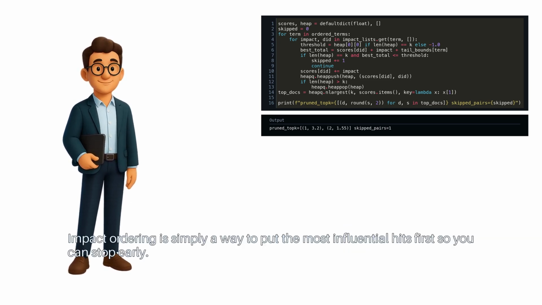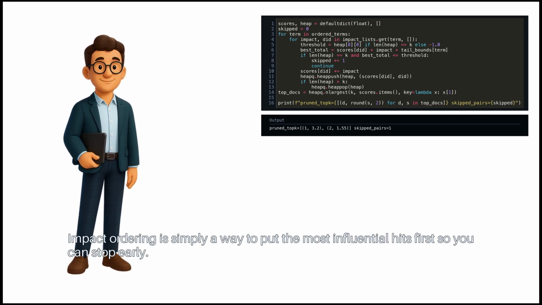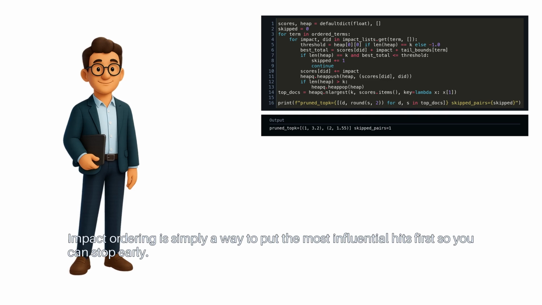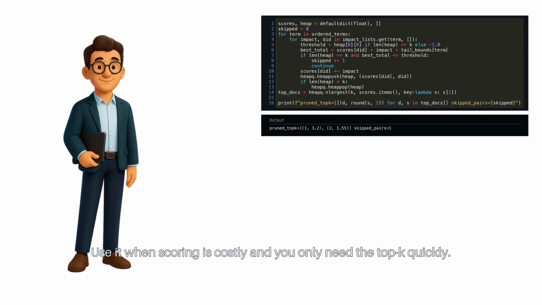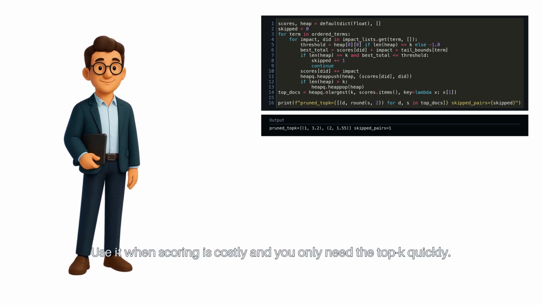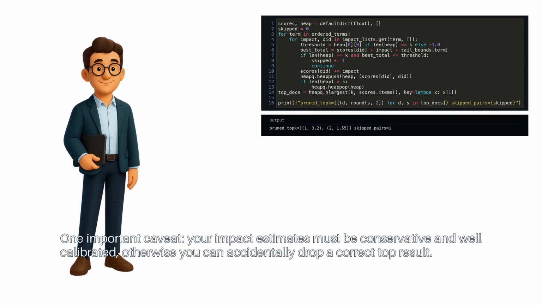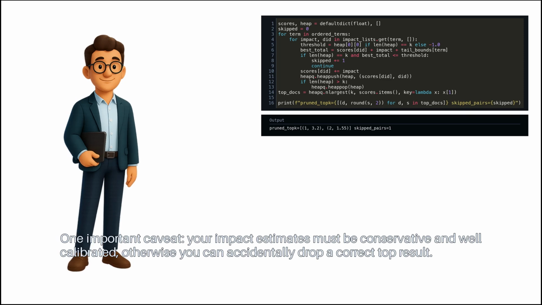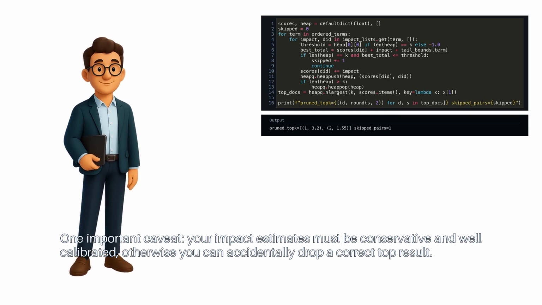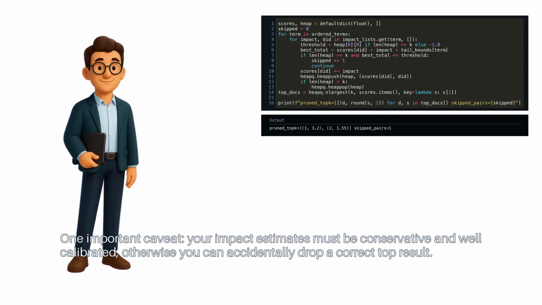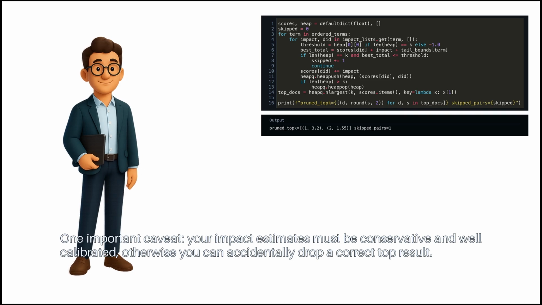Impact ordering is simply a way to put the most influential hits first so you can stop early. Use it when scoring is costly and you only need the top K quickly. One important caveat: your impact estimates must be conservative and well calibrated. Otherwise, you can accidentally drop a correct top result.